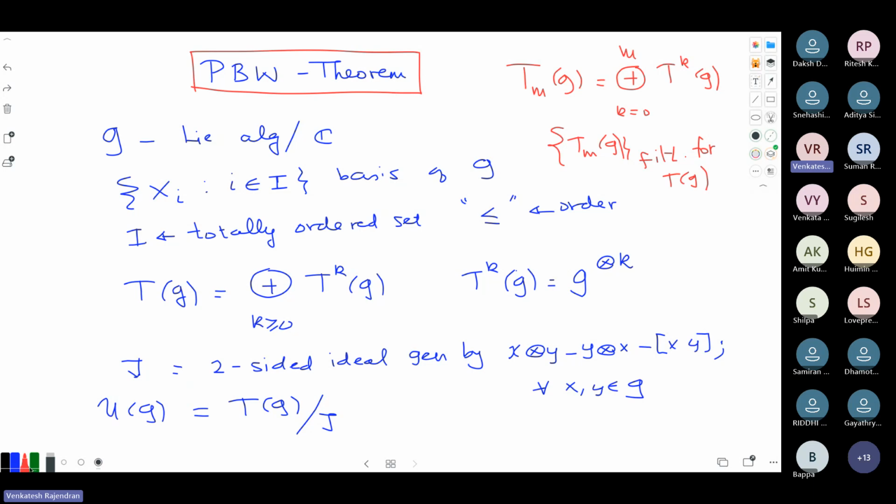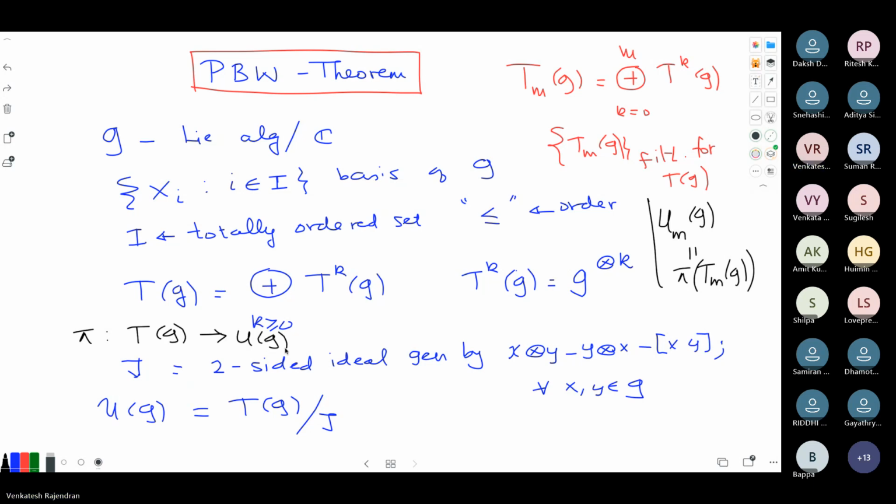Recall that U_m(g) is the image under the quotient map, which I denoted by pi, so U_m(g) is pi of T_m(g), where pi is a map from T(g) to U(g).